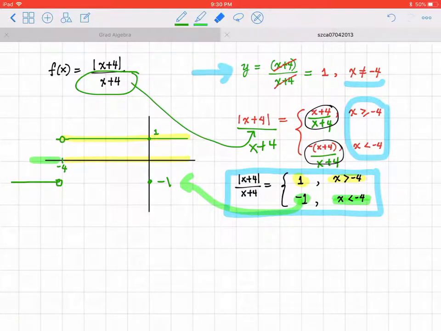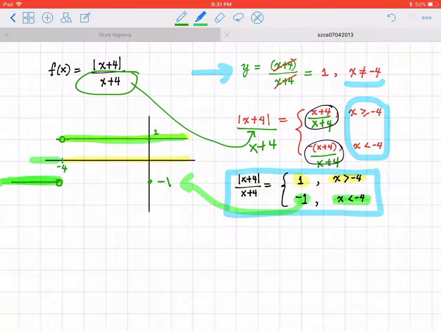And so this right here is the final result. So our graph is going to be this, and then here, and the switch is going to happen at x equals -4.